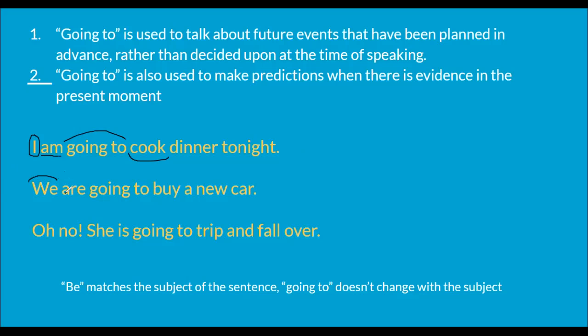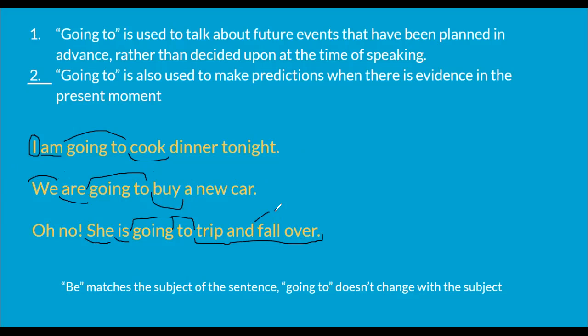We are going to buy the base form, the rest of the sentence, a new car. This is something that we have planned in advance. Oh no, she is going to trip, base form, and fall over.